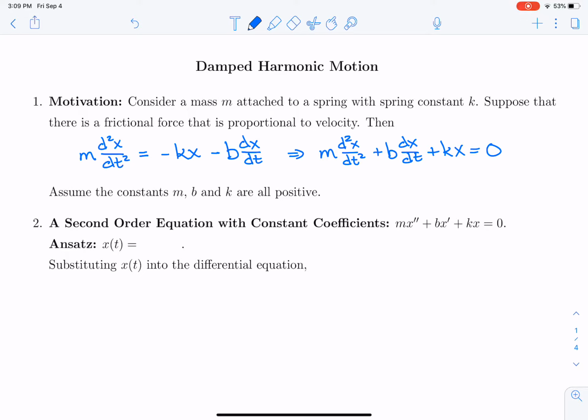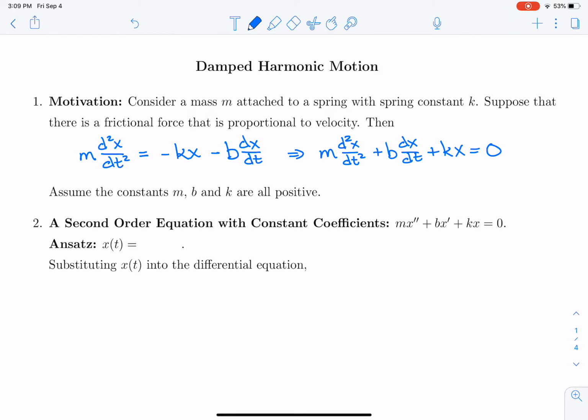And what we have is a little bit more general second order linear differential equation that has constant coefficients. Essentially, previously we did not have friction, so that term was missing, but now we're going to add it back in.